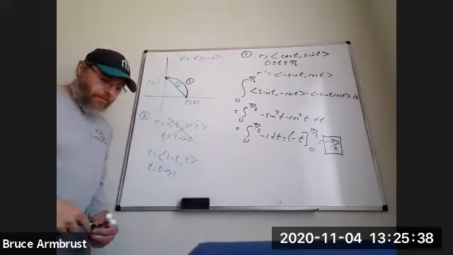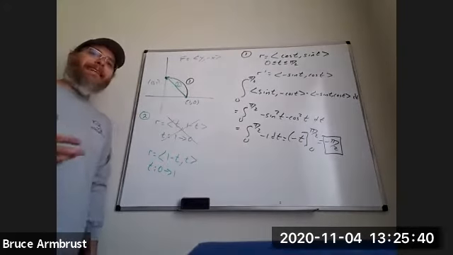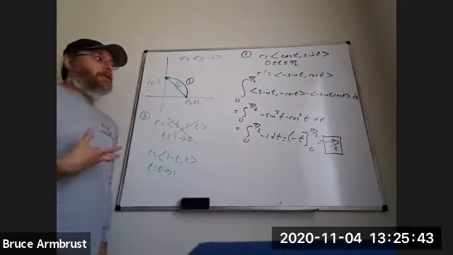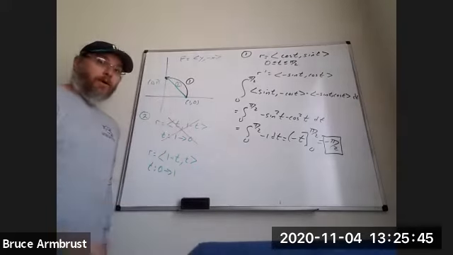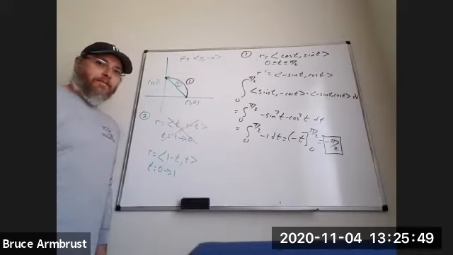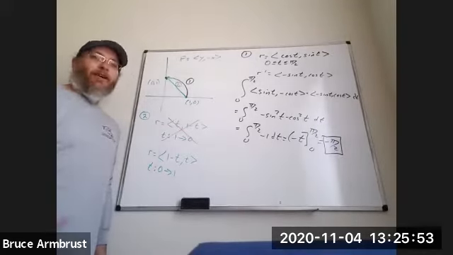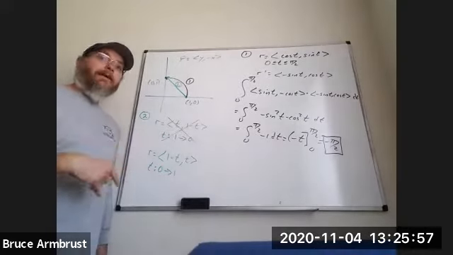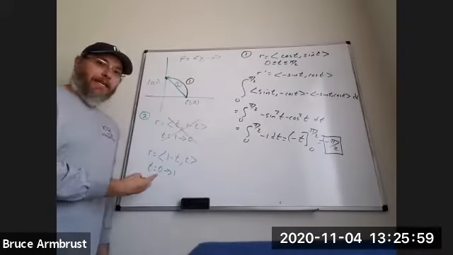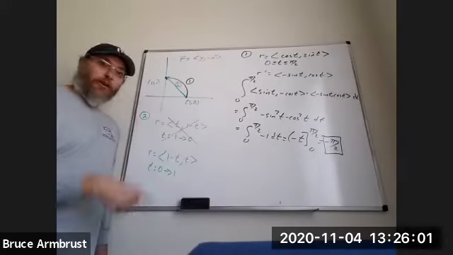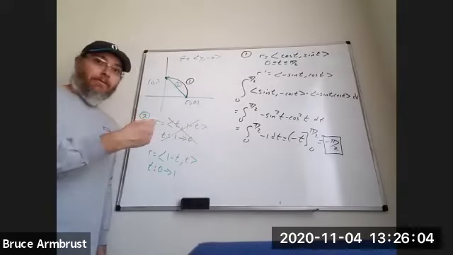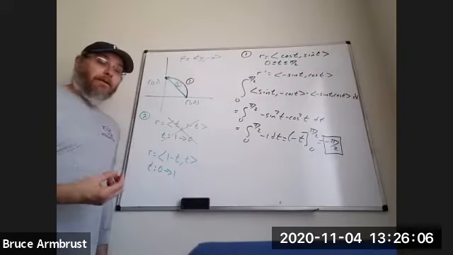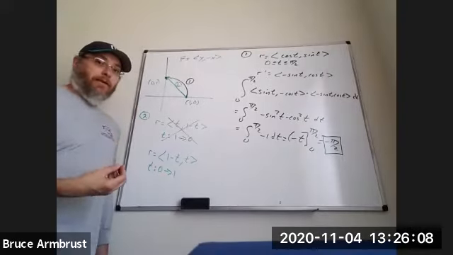I don't know that I mentioned this last time, but for the calculation of a work integral, it does not matter which parameterization you use. I think I did mention that when I was talking about not all parameterizations working, but as long as your parameterization gives you the entire curve just the one time, it doesn't matter how you parameterize it.